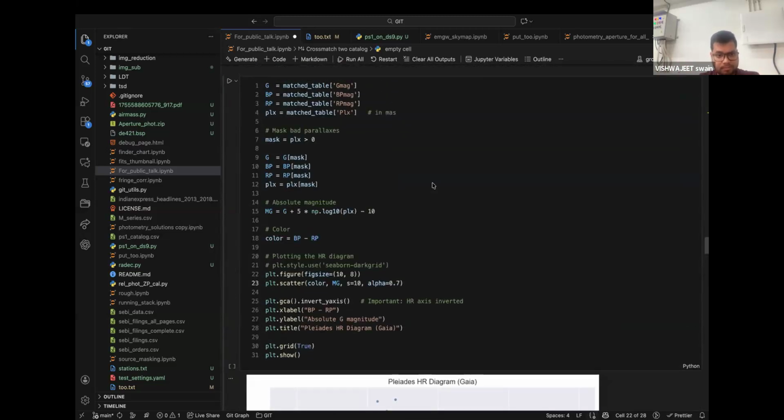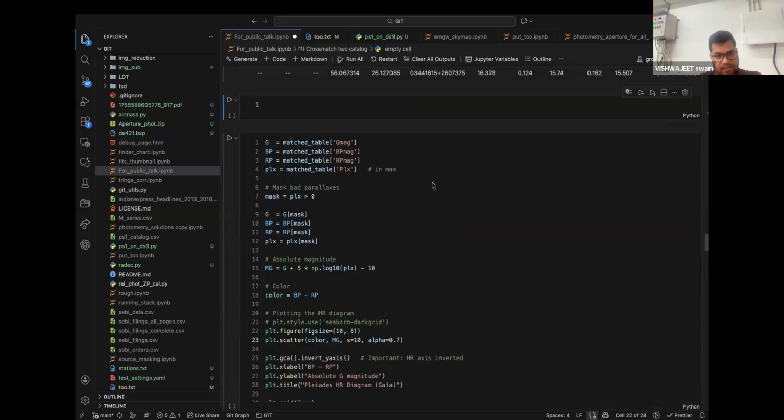Okay, so now the next part is to get the HR diagram, the color versus luminosity diagram.